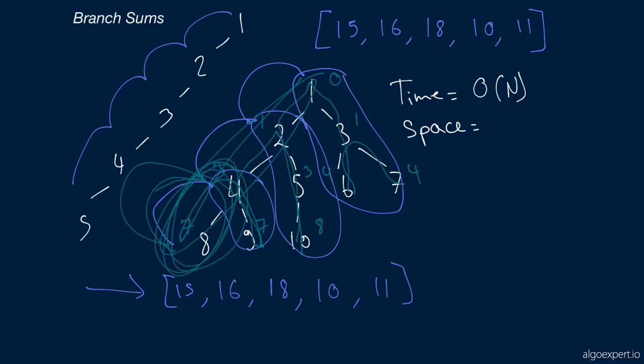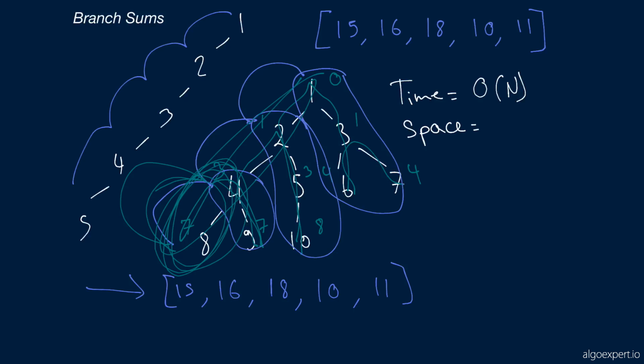Okay. The best way to do this without going crazy or trying to do too complicated of math, because at the end of the day, this is a math problem, because here it's basically the number of branch sums, which can be translated into the number of branches in a binary tree, which can be translated into the number of leaf nodes in a binary tree, and that's actually a pretty math-heavy problem.